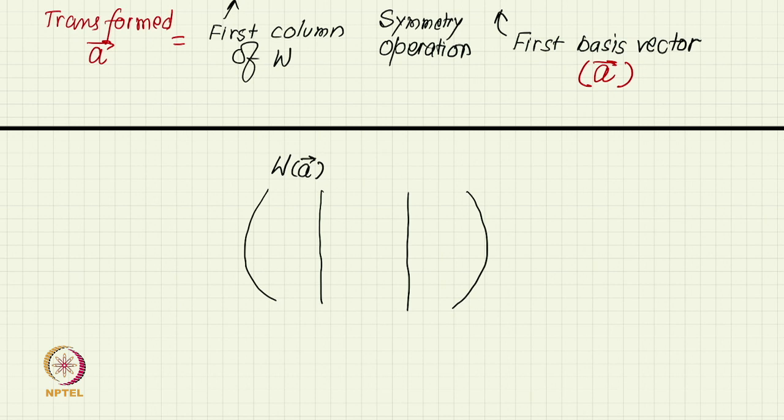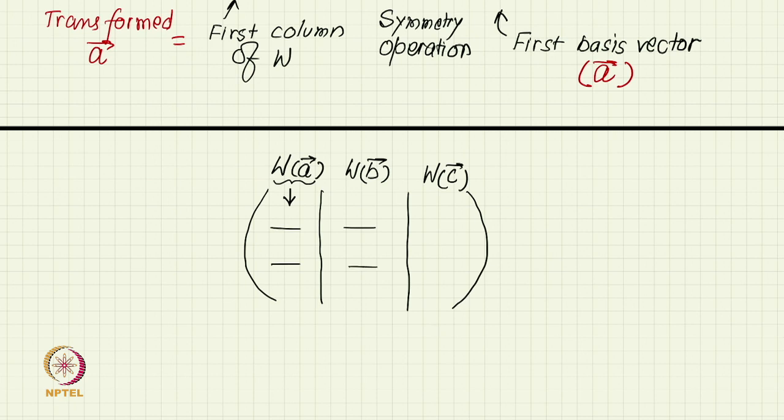Maybe you can use different signs, but W is the transformation matrix which represents the transformation W. So, by W A I am saying transformed A, by W B transformed B, and by W C transformed C. The components of the transformed first basis vector are the components of my first column.